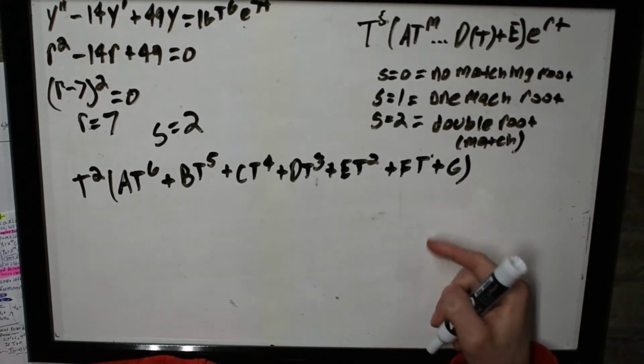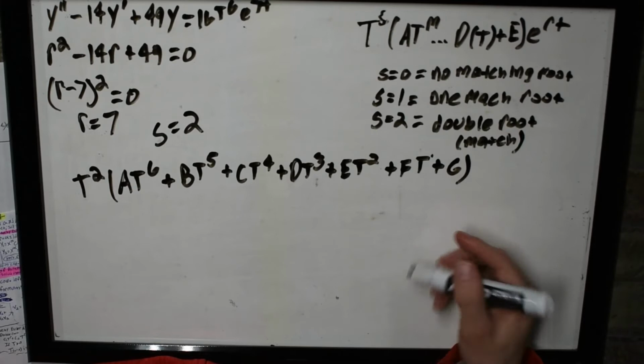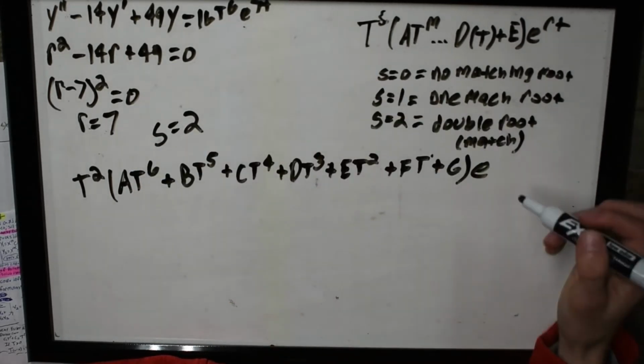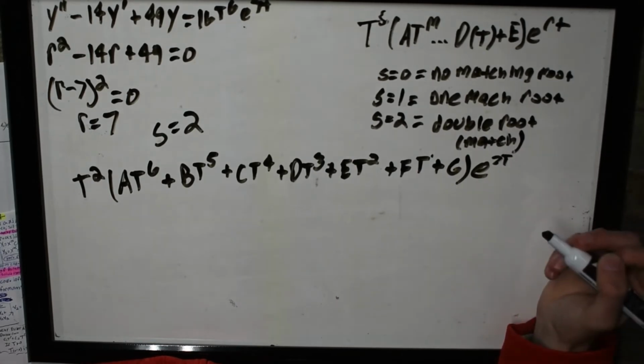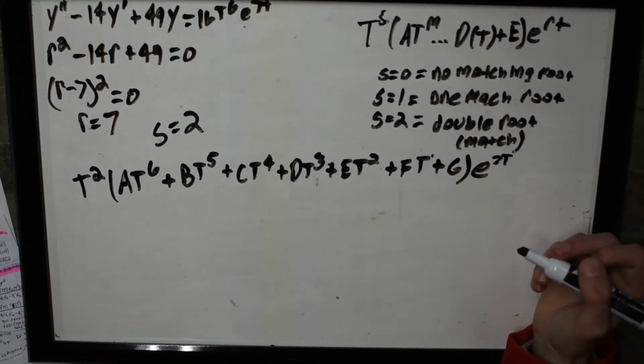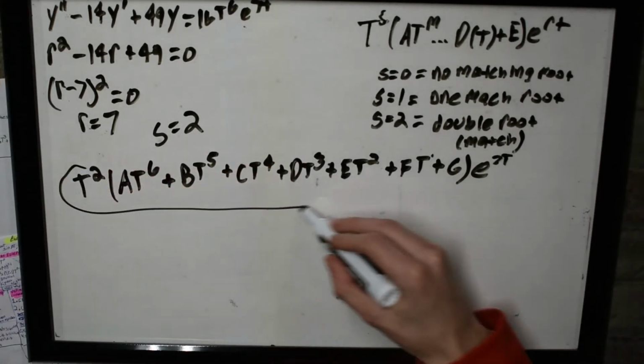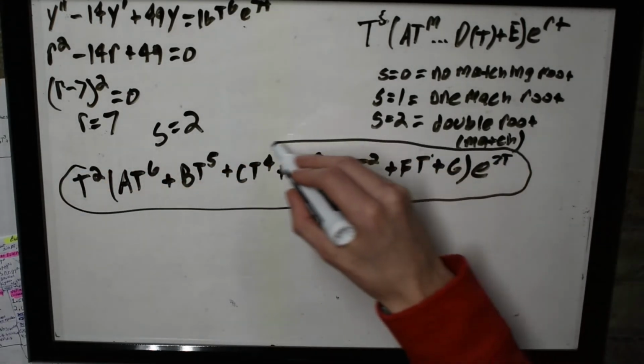And g is a constant, so that's our last one we have to go to, times e to the root t. Well, our root is 7, so it's 7t. And that is the answer to this problem, the equivalent to number 14.